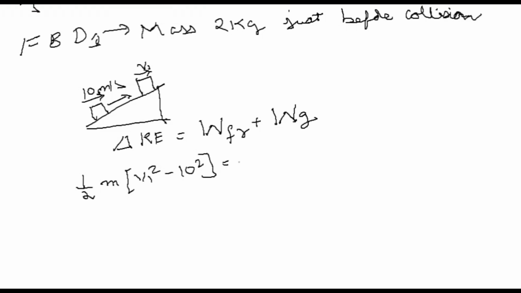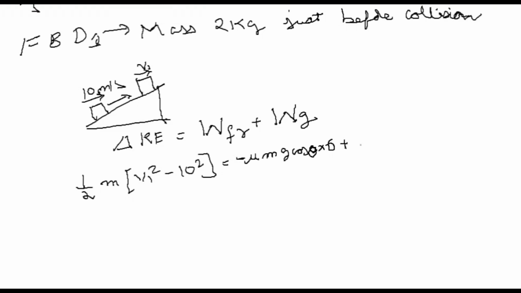Now the work done by the frictional force is obviously negative in sign. The magnitude of the frictional force will be mu mg cos theta, and with the force we have to multiply the distance, that is 6.